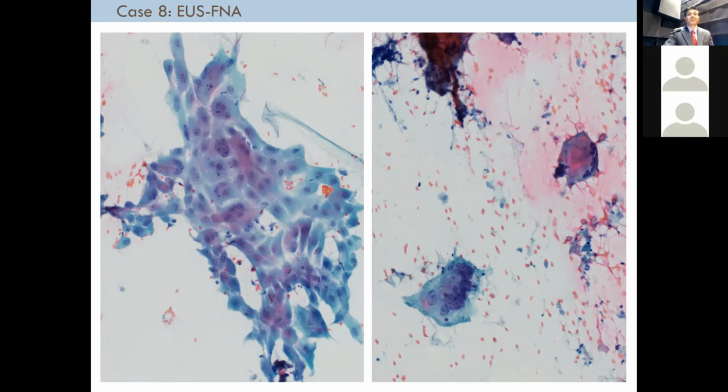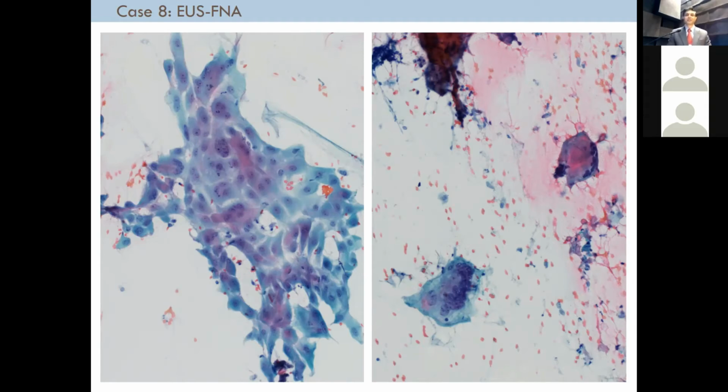If you look at the nuclei, they are kind of small, not that big. There's no hyperchromasia. The NC ratio is low. They have a prominent but small nucleoli. So overall, it gives you more of a reactive look rather than dysplastic look.